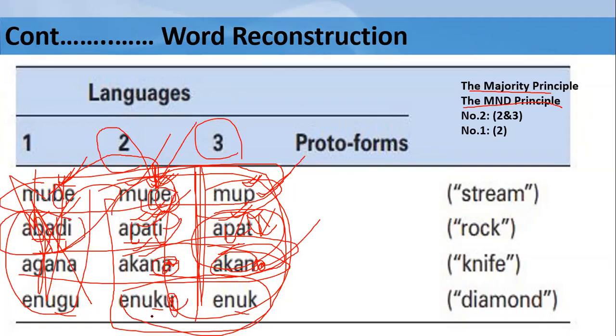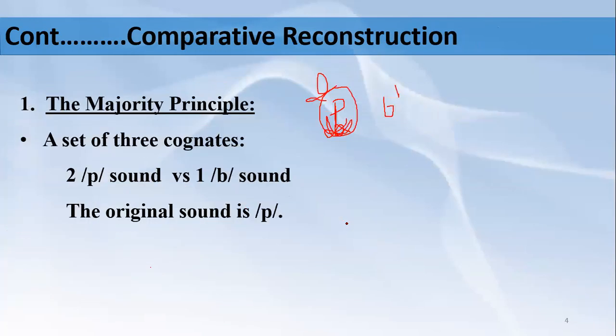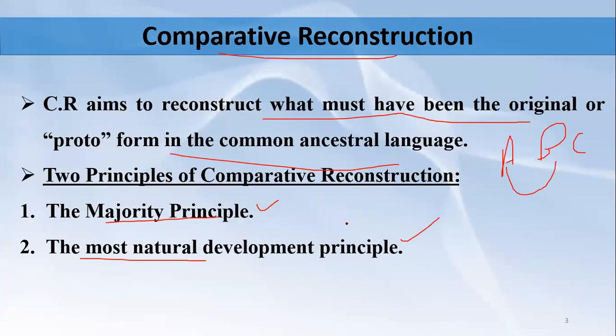It was the older form, and later on it got disappeared here. So it means that this is the original form, and this one is derived later on. Fine. And this was the original form. So this is the process of reconstruction, sound reconstruction and word reconstruction, how we trace which form must have been the original form.